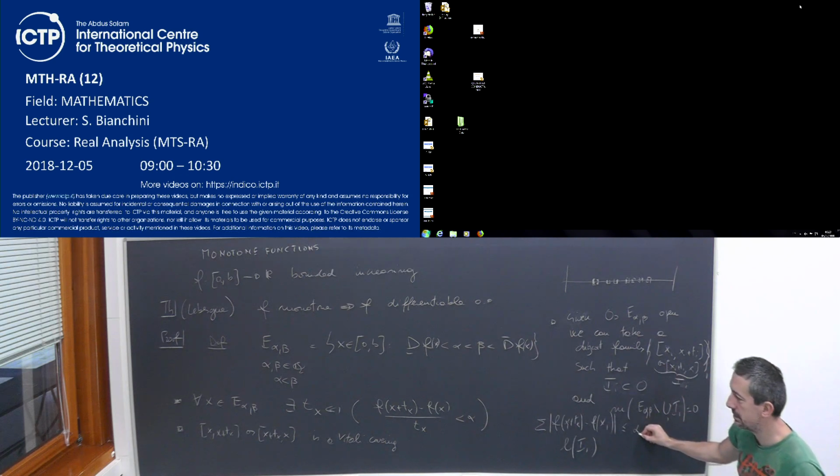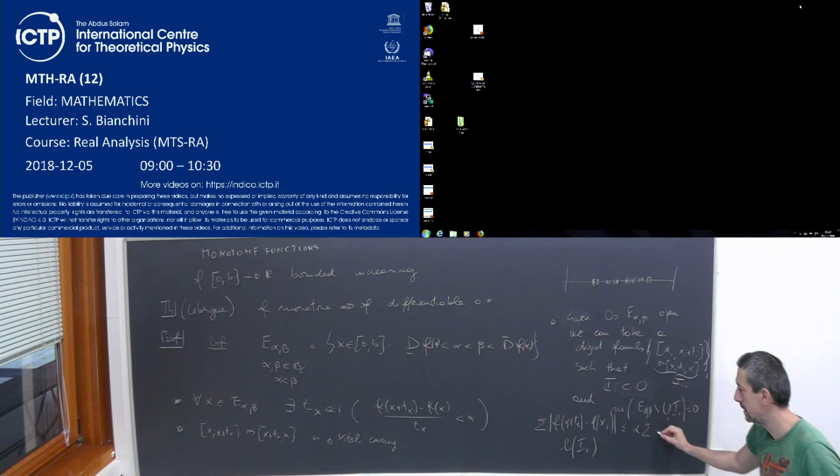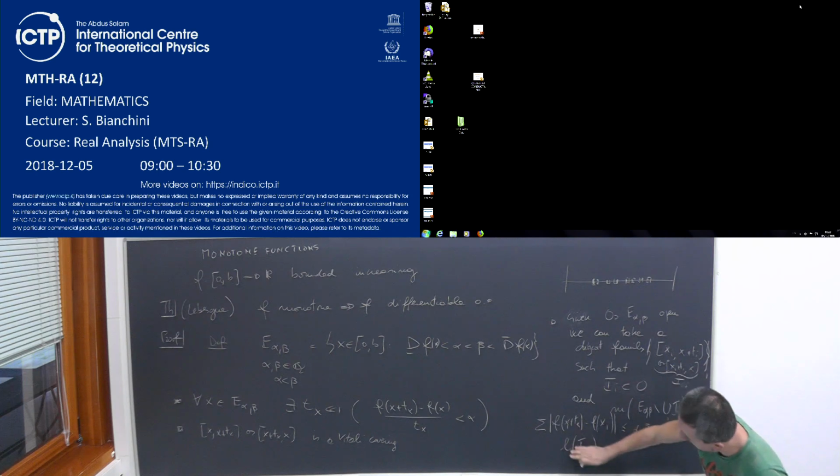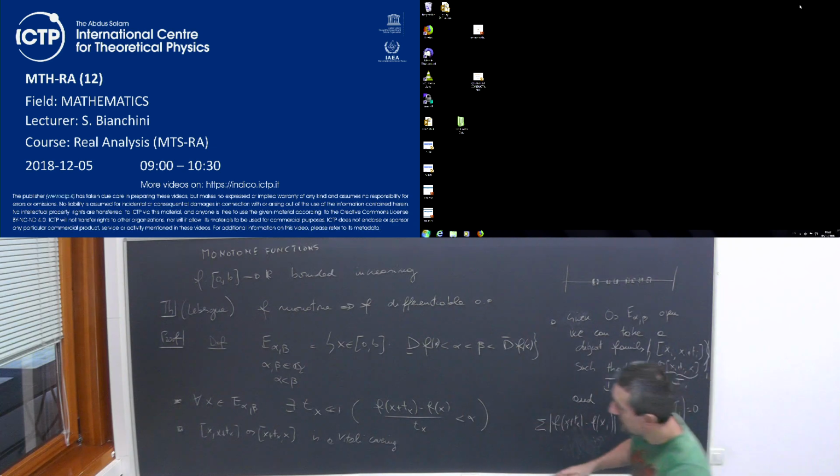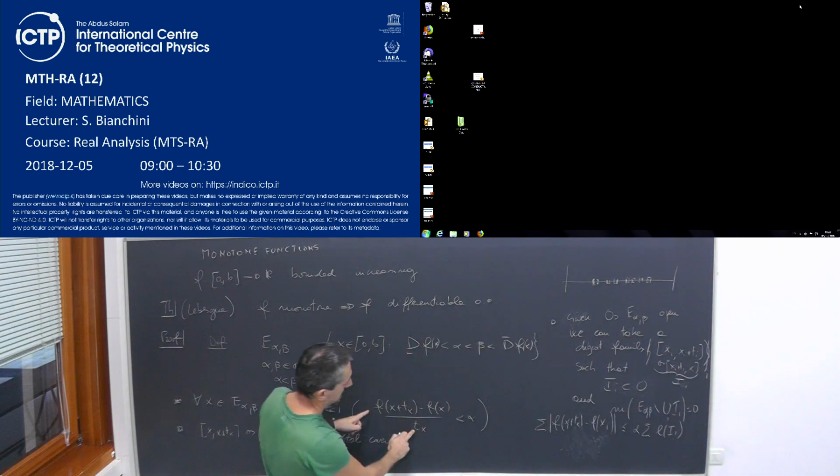This is the condition by which I choose the interval. The modulus depends on the sign of t, but f is monotone increasing, so it's the same sign.